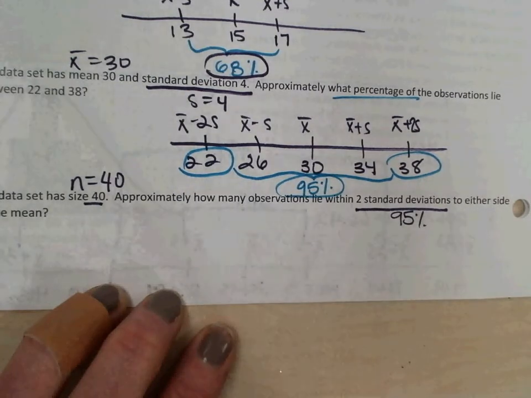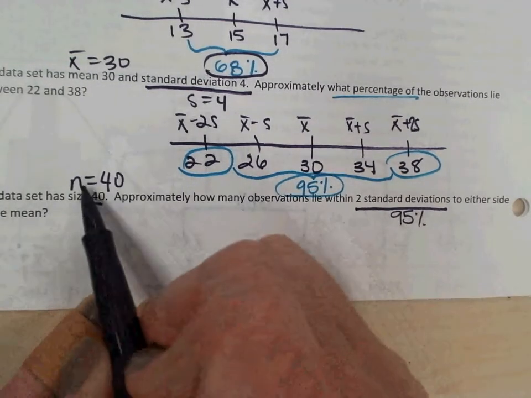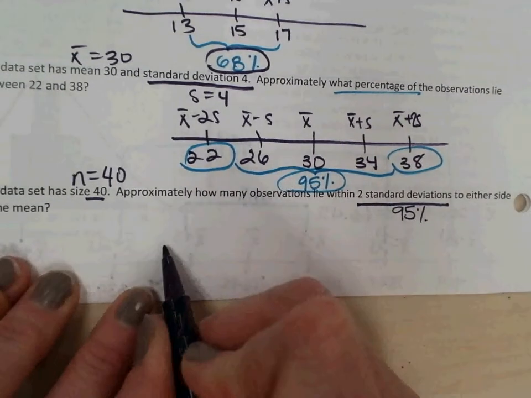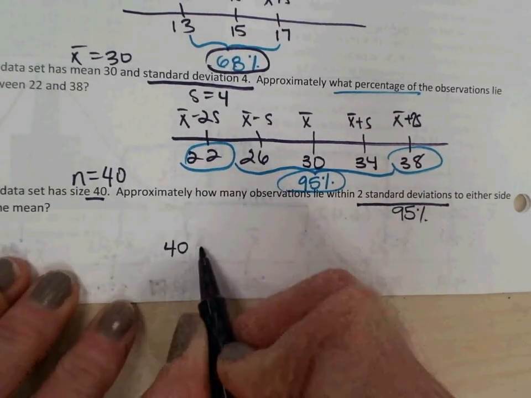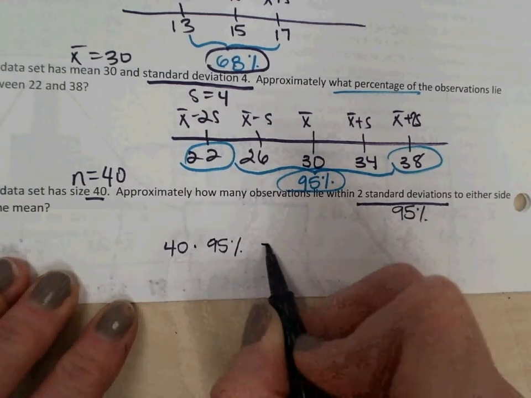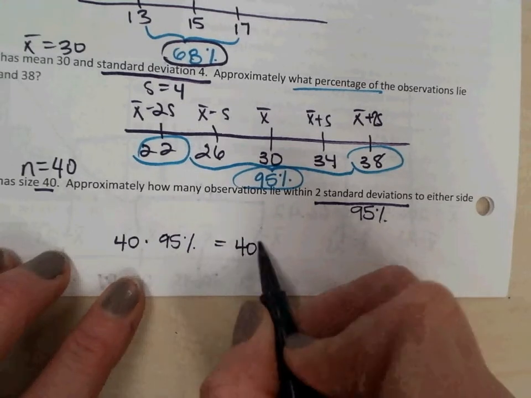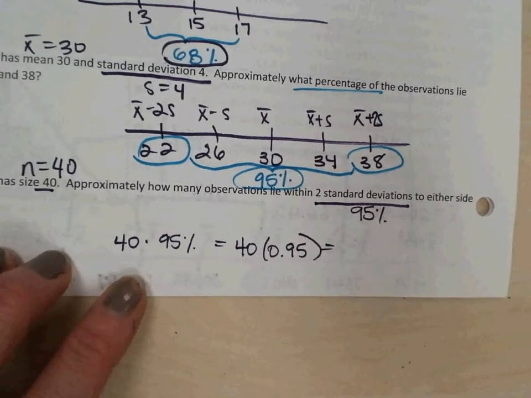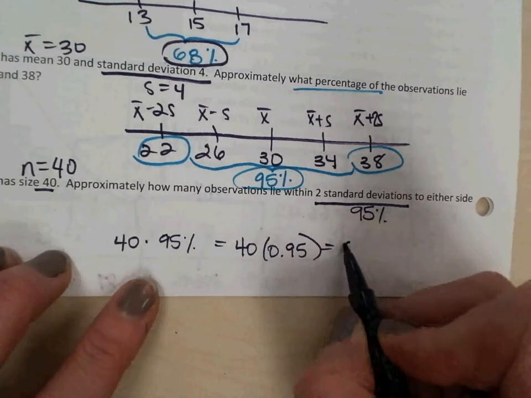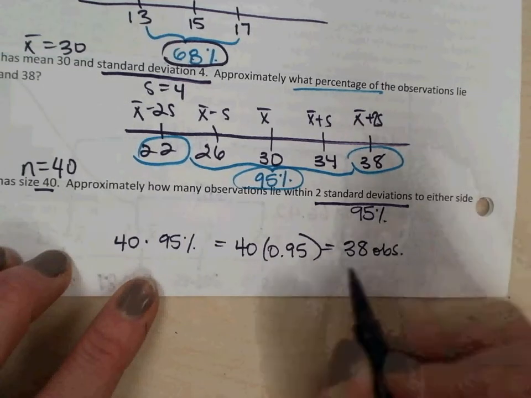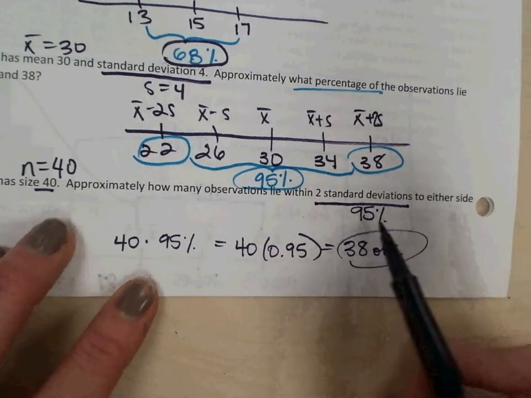We go back to the size of the data set and multiply 40 times 95%, or 40 times 0.95. Go ahead and calculate that. It is 38, so 38 observations lie within 2 standard deviations of the mean.